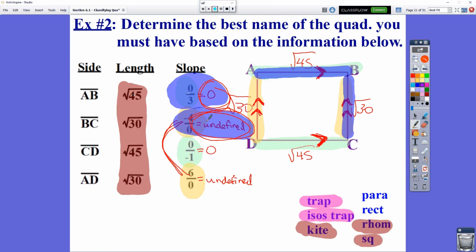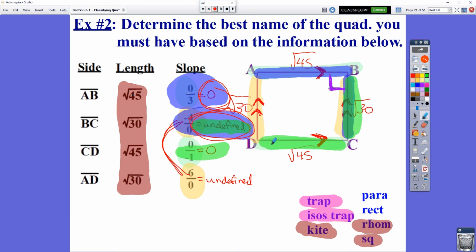So looking at the adjacent slopes, then we can for sure say that AB and BC will be perpendicular to each other. So that deserves a 90-degree angle there. Now, do we get to put all four of these angles to be 90-degree angles? Well, you would need to go look at the next set of adjacent slopes. So the next set would be side BC with side CD, right?